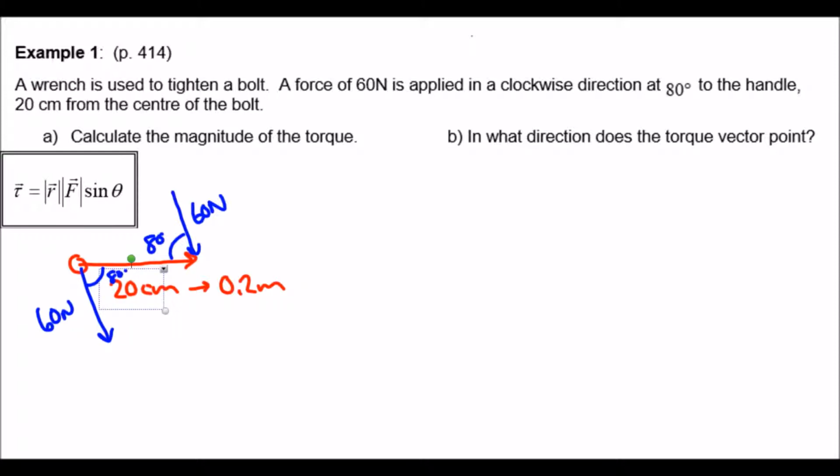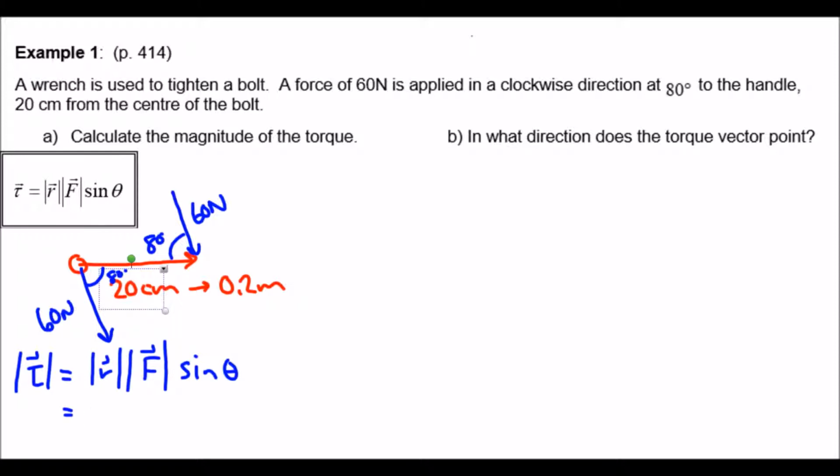And so now I can use my torque formula. The magnitude of the torque, and torque is tau, which is a Greek letter for T, equals magnitude of R, the length of the arm, times magnitude of the force, times sine theta, which is the angle between the tails of the two vectors.